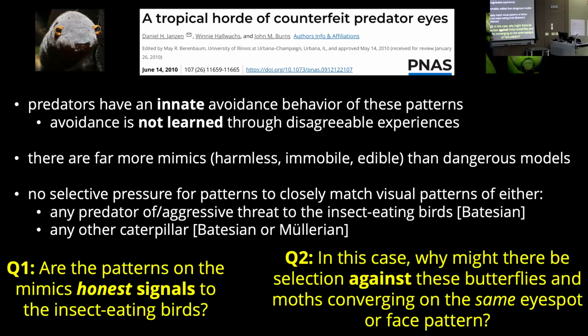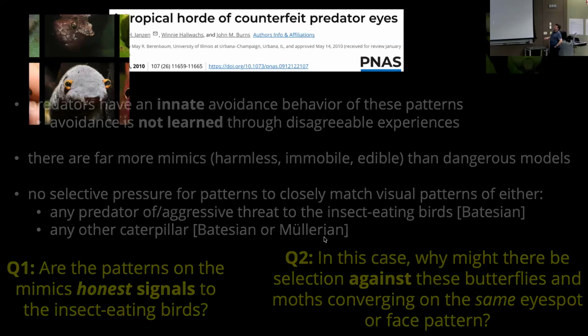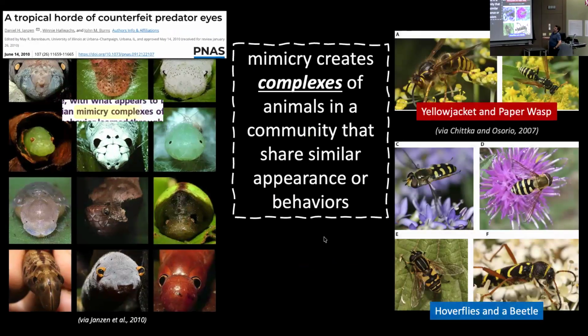It actually helps that all of these caterpillars don't look like each other. When they have these diverse patterns that can't be learned, but share some core features, and there's enough of them, that ends up being something that can be picked up through an innate avoidance. So it's this anti-Mullerian, anti-Batesian mimicry that is all about innate avoidance, but what makes it work is the diversity that we have here.